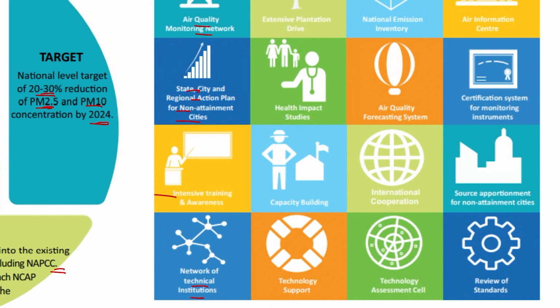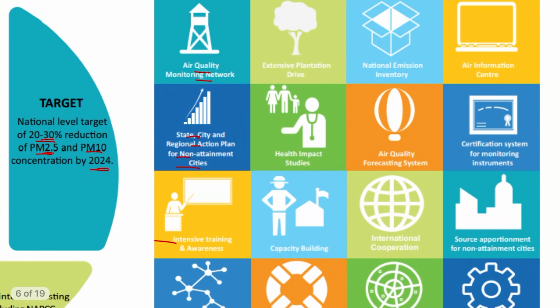So for the forecast, monitoring, then appraisal, for all these things, technical institutions will be upgraded and they will be trained for them. Then extensive plantation drive. So the public will be encouraged to conduct plantation drives. Then health impact studies. So these pulmonary diseases, then other diseases caused by air pollution will be studied and assessed.